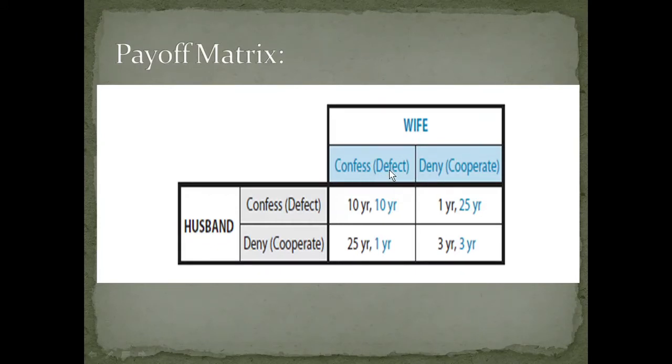Why are defect and cooperate written in the parentheses? If both of them deny, that means they had a premeditated plan, but they don't have any grudge against each other. They don't want the other person to get the entire punishment.